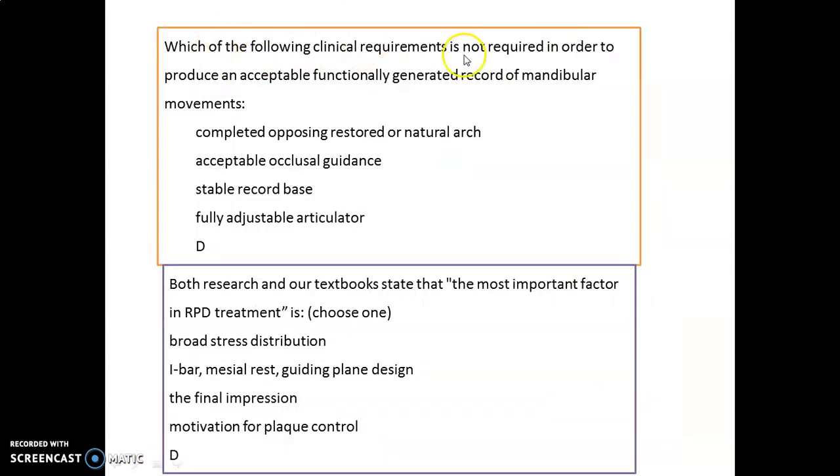And which of the following clinical requirements is not required in order to produce an acceptable functionally generated record of mandibular movement? We don't require a fully adjustable articulator. Now both research and our textbooks state that the most important factor in RPD is what? It is plaque control.